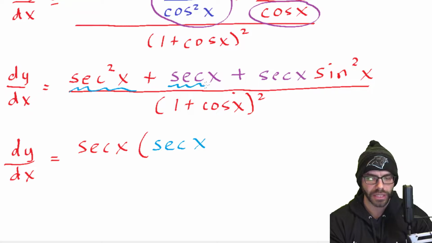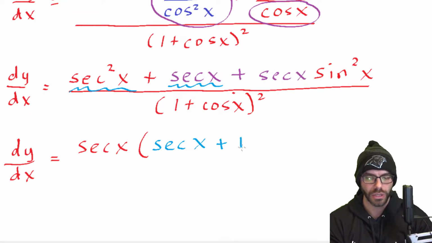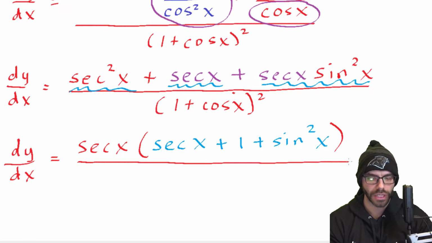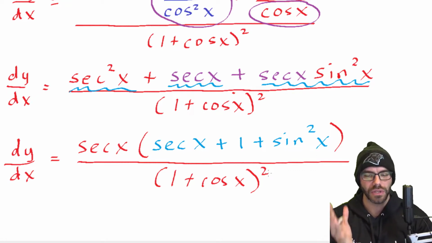If I factor a secant out of this term, of course, secant divided by secant is 1. And then if I factor a secant x out of this term, I'd have plus sine squared x. And all that is over the 1 plus cosine x squared. And then that is sufficient enough.